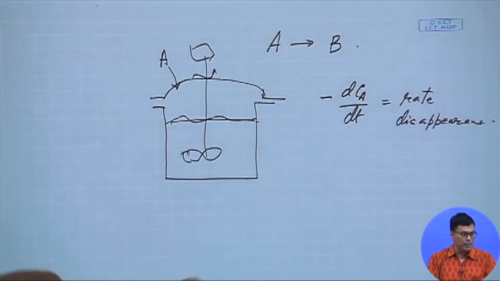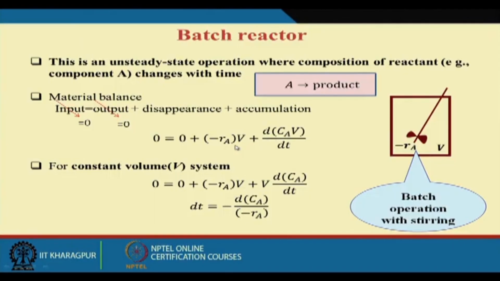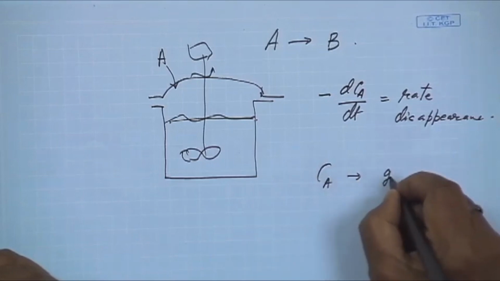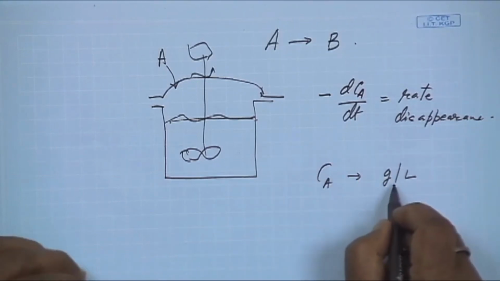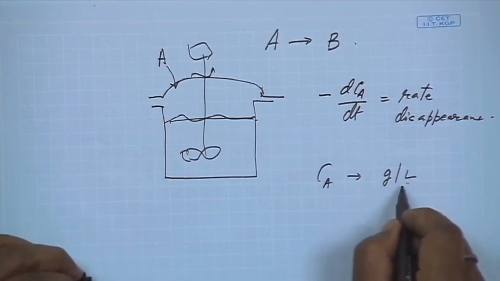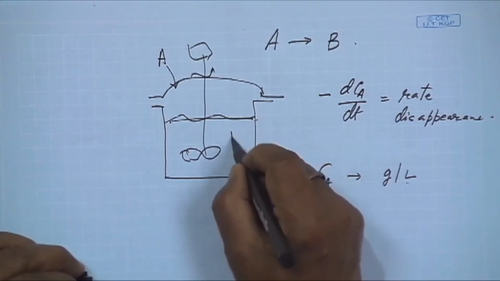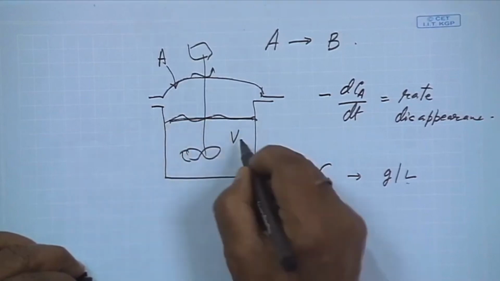So we can easily write this. Why are we multiplying by volume? If you look at the concentration, CA is maybe in gram per liter. Gram per liter means per unit volume, but in the reactor you have some working volume.